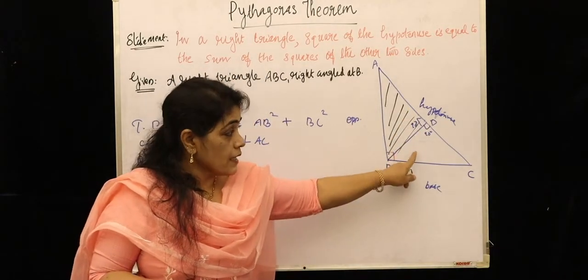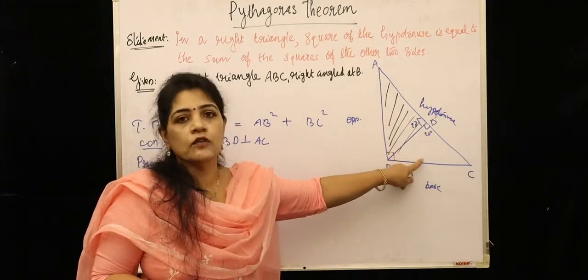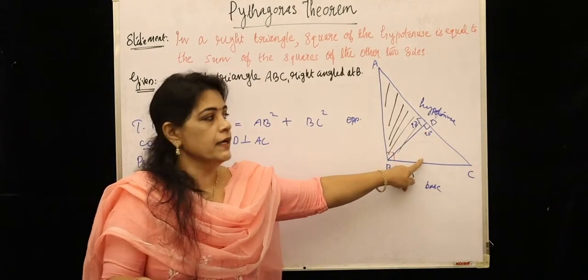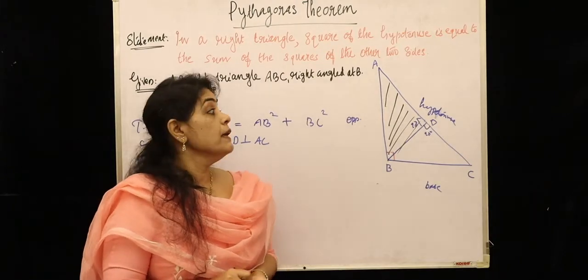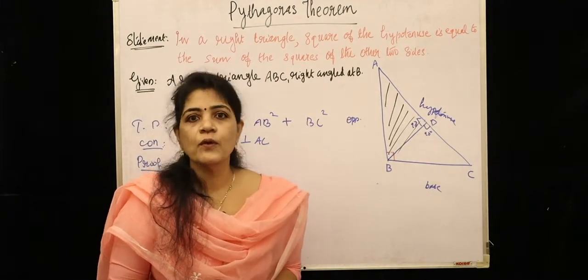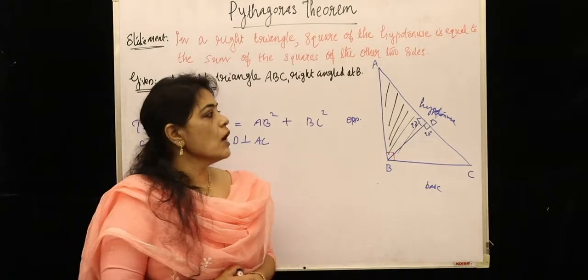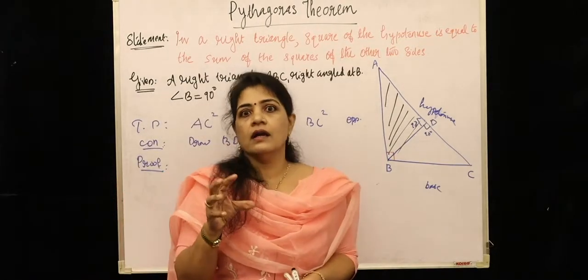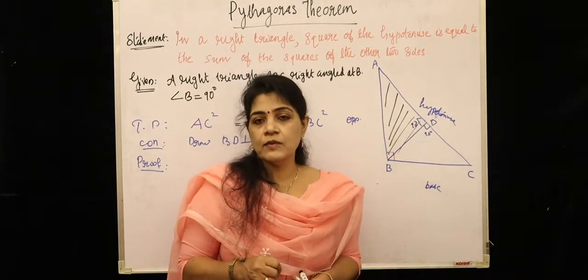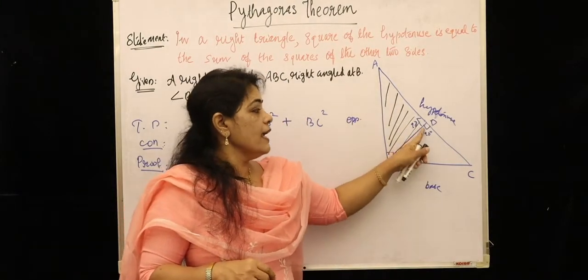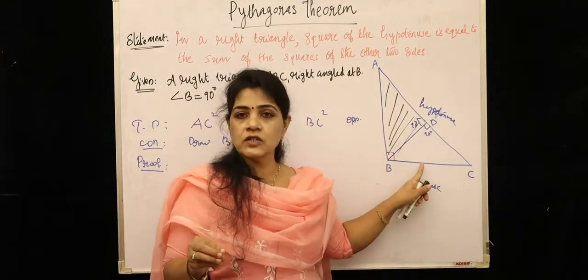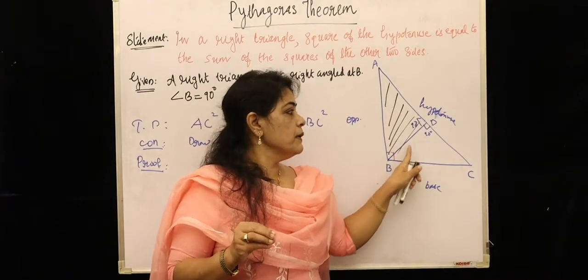The triangle on the other side of the perpendicular, triangle BDC, is also a right triangle with 90 degree. That means now you can see three triangles: one is the big right triangle ABC, the second is triangle ADB, and the third right triangle is triangle BDC.